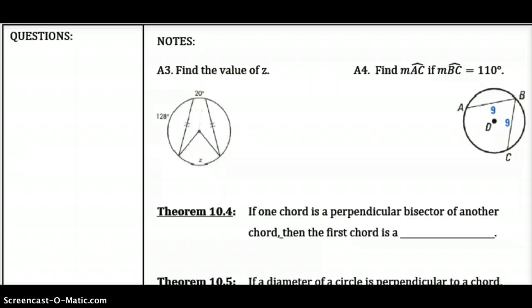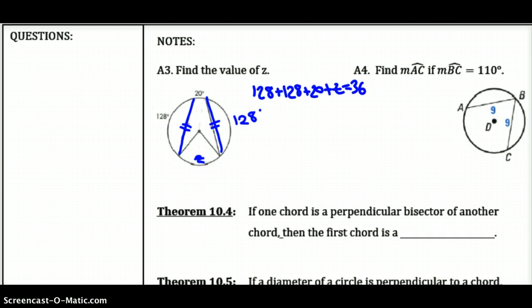A3, continuing here, same type of idea here. They want us to find this z when I've got congruent chords here and here. So that means if that's 128, this is 128 degrees. And like our similar problem here, we know that 4 of these have to be 360 degrees. So we could say 128 plus 128 plus 20 plus z equals 360.